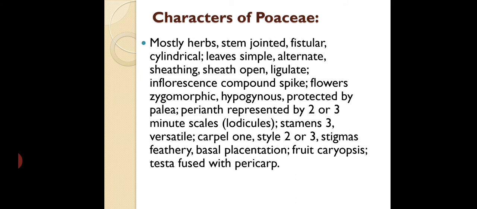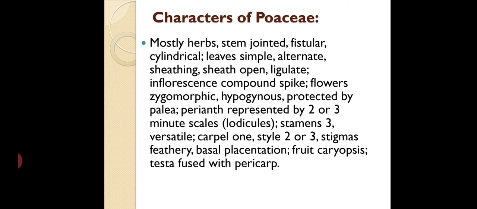Then leaves distichous with a sheathing base and ligule. Inflorescence unit is spikelet. Perianth is reduced to lodicules, sometimes absent. Anthers are versatile. Stigmas are feathery. Fruit is caryopsis. Generally speaking, fruit is caryopsis, and rarely we can see berries and nuts.